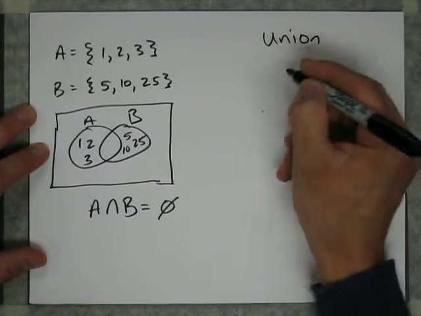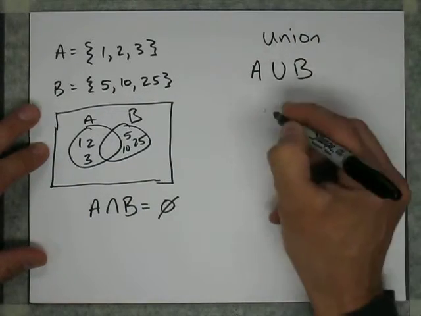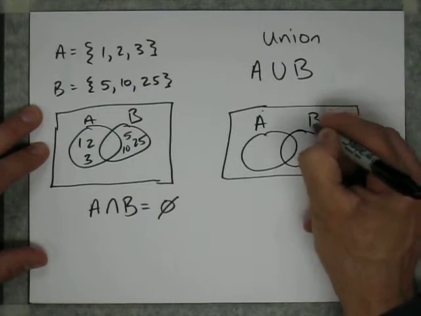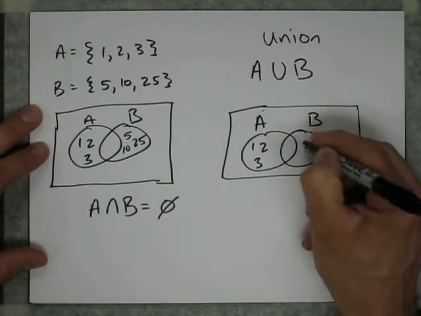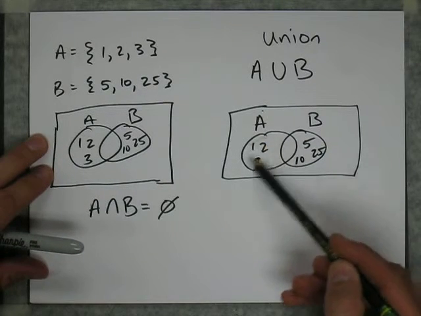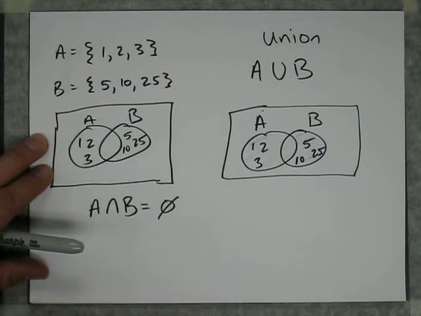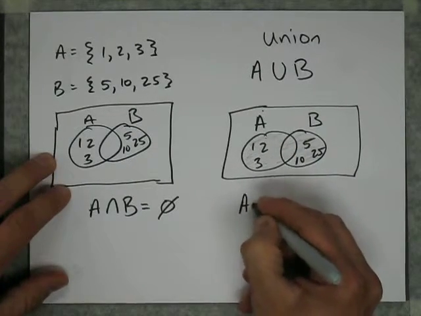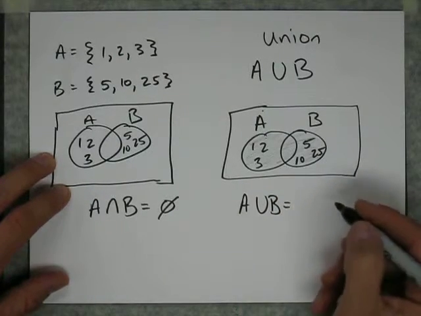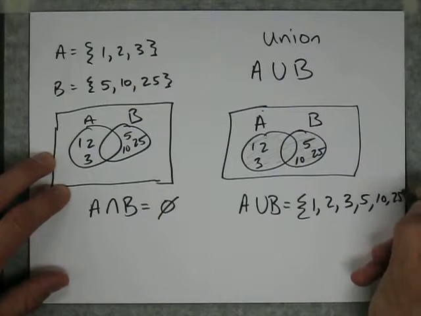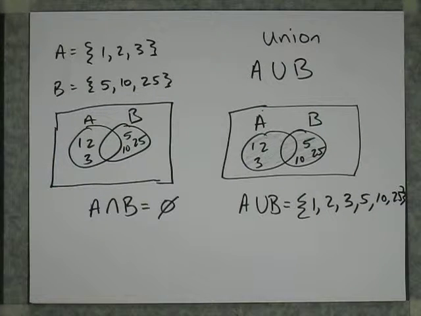We were talking about the intersection; now I could talk about the union, A union B. A union B refers to all of A and all of B. So if we had 1, 2, 3, same numbers, 5, 10, 25, A union B is all of the numbers in the combined set A and set B. Therefore, A union B, not the intersection, would be equal to all of our numbers: 1, 2, 3, 5, 10, 25.